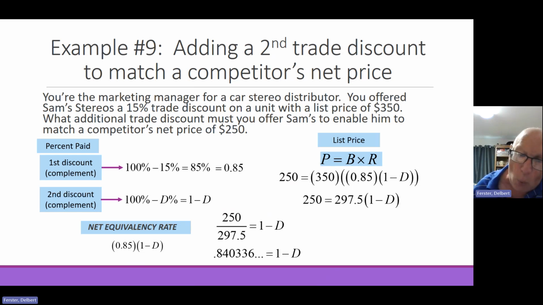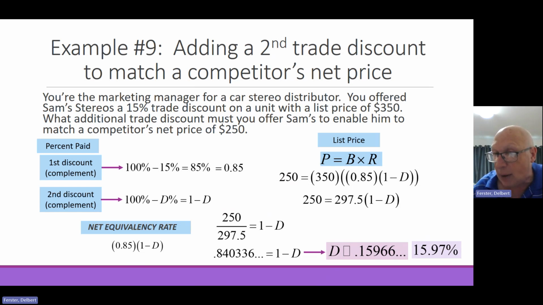So I'm going to subtract 1 from both sides, then I have to contend with some negatives. Don't get scared. I'm going to get 0.15966. So that second trade discount that I had to be able to get to match the 250 competitor price had to turn out to be 15.97%.